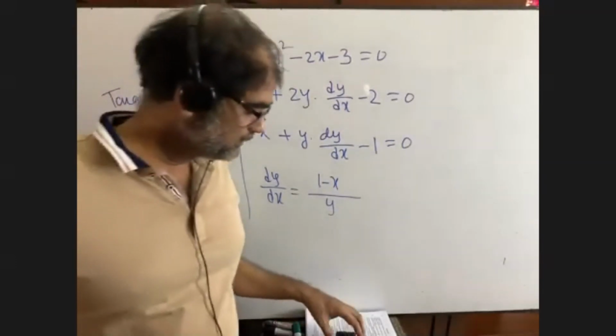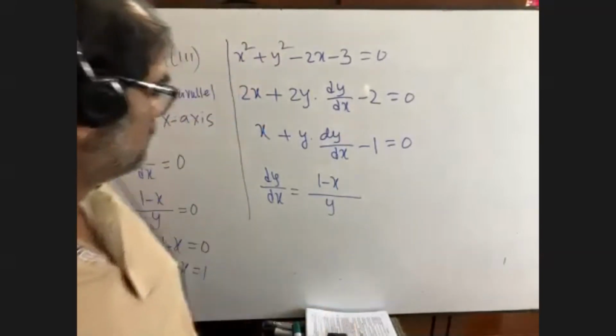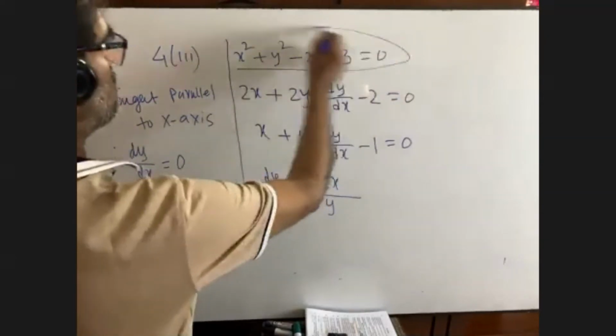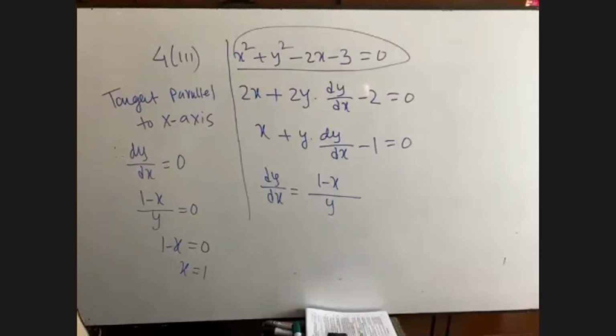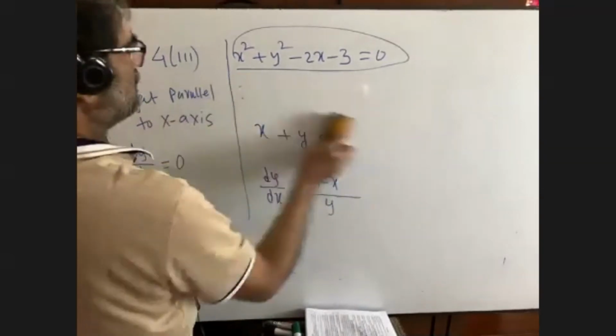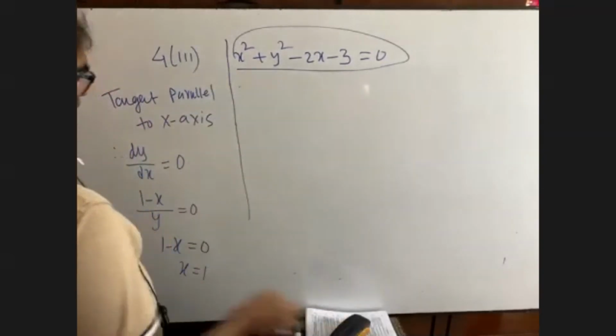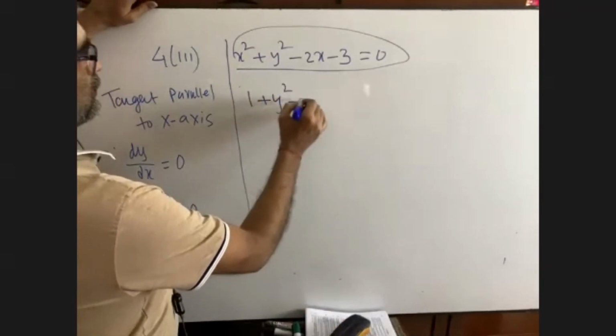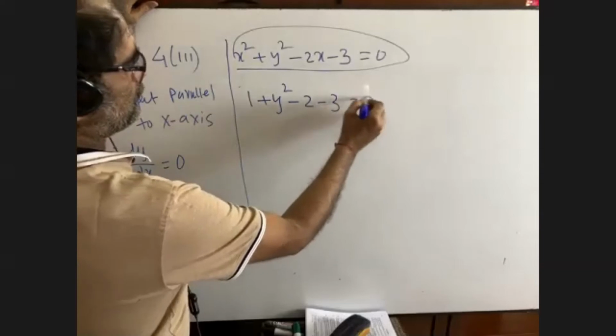Okay. Now what will you do? You have to find the value of y. To find the value of y, put the value of x equals to 1 in this equation and get the result. X equals to 1, that means 1 plus y square minus 2 minus 3 equals to 0.